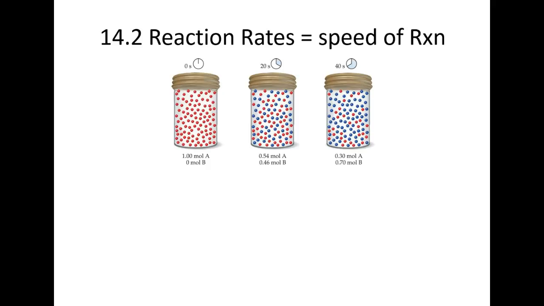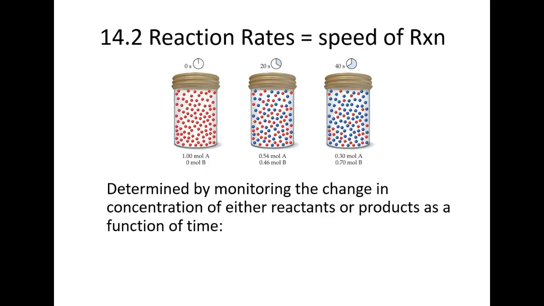So when we talk about the rate of reaction, we can determine that by monitoring the change in concentration of either the reactants or the products as a function of time. So in this series of images, you can think about how fast are the red molecules disappearing, or you could think about how fast are the blue molecules appearing.